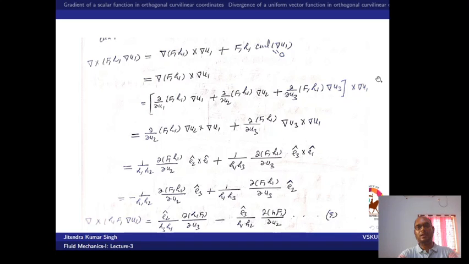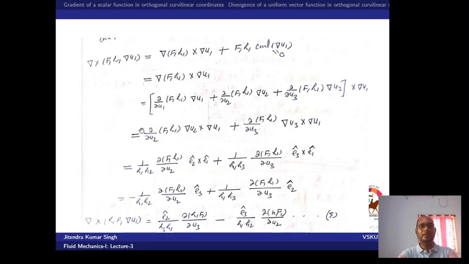We know that the cross product of the same vector is 0, so this first term will be 0. Now the second term, dou by dou u2 of f1 h1 grad u2 cross grad u1, is written here. Dou by dou u3 of f1 h1 grad u3 cross grad u1 is written here.